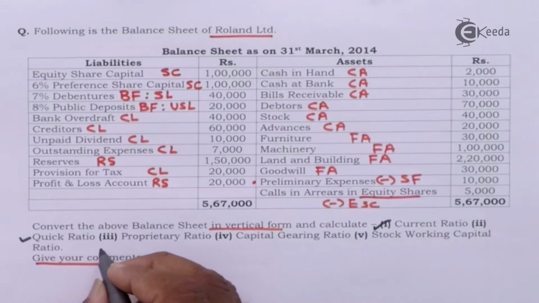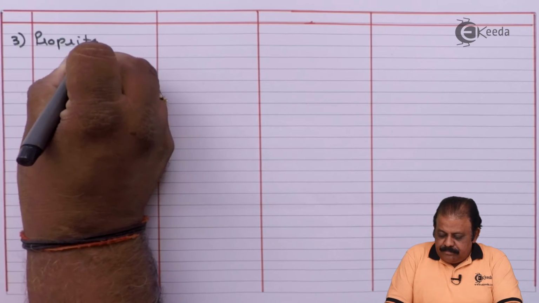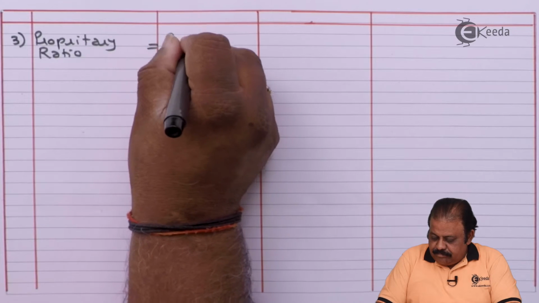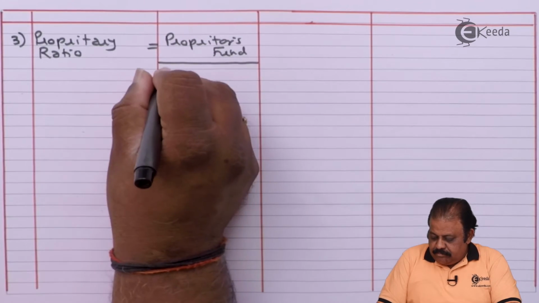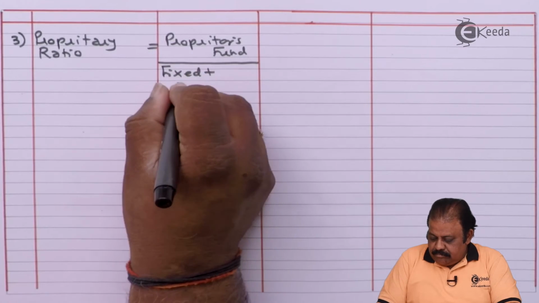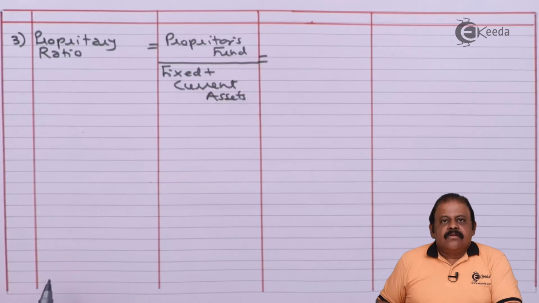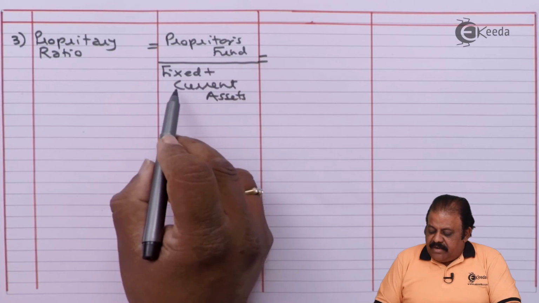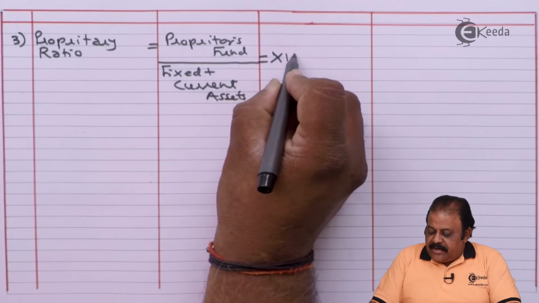Next we have proprietary ratio. Proprietary ratio is equal to proprietor's fund divided by fixed plus current assets multiplied by 100.